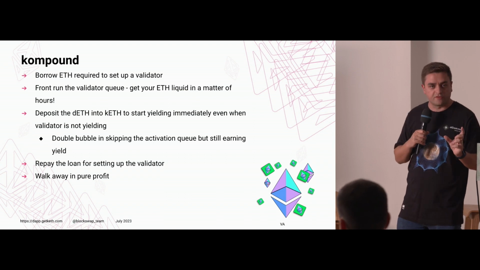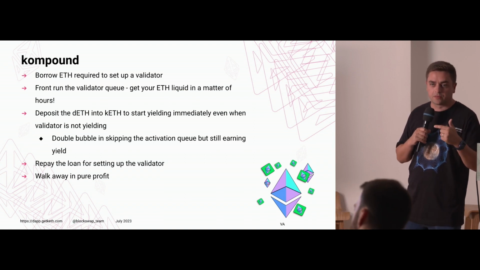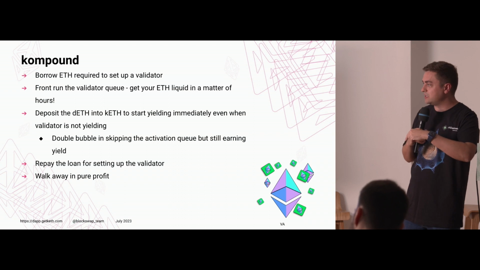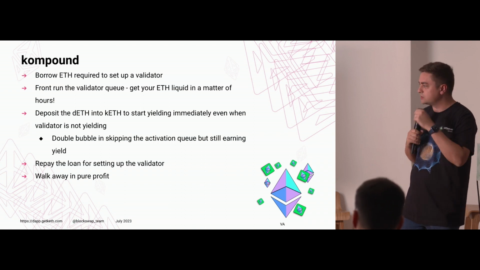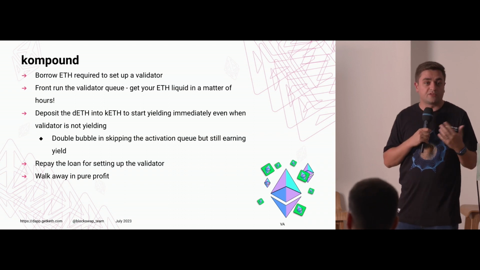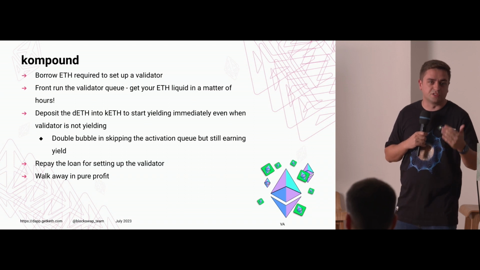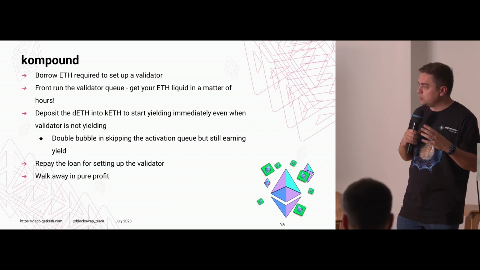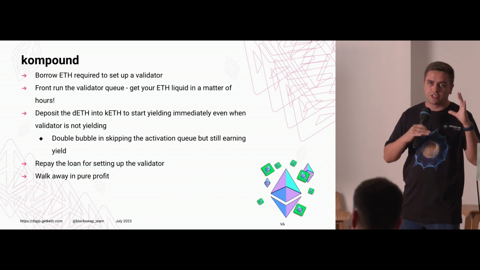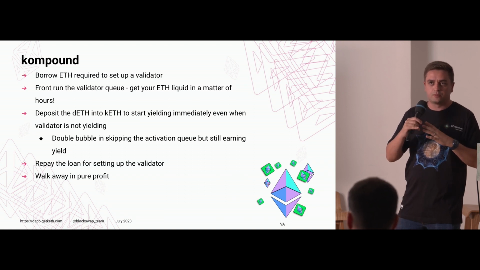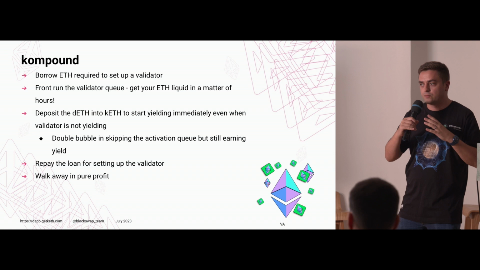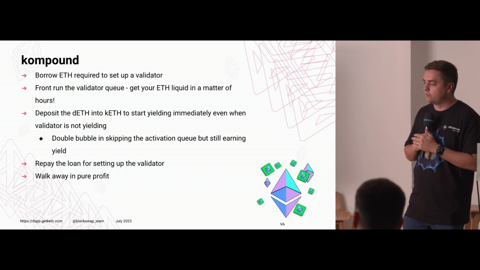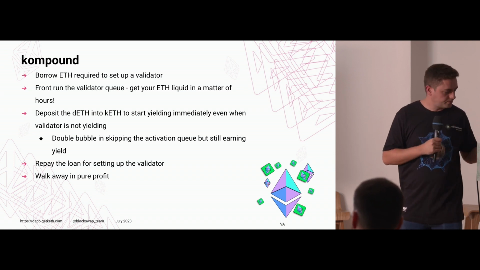Whilst you're waiting for the validator to activate, you're yielding from kETH, and you can put that into k² as well to make yield. Obviously, when the validator activates in 30 days, you're going to be boosted from there as well. So you can see how, when you compose all these different strategies, you're able to take advantage of Ethereum yield.